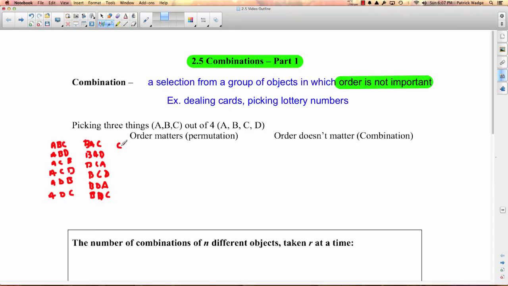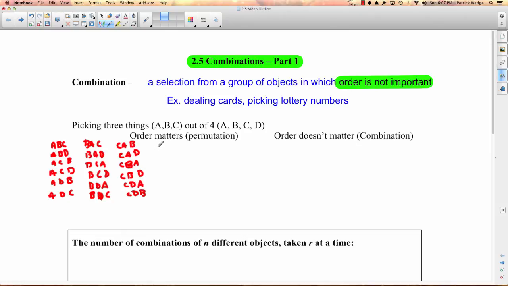Next, starting with C, you could have CAB, you could have CAD, CBA, you could have CBD, you could have CDA, and you could have CDB.